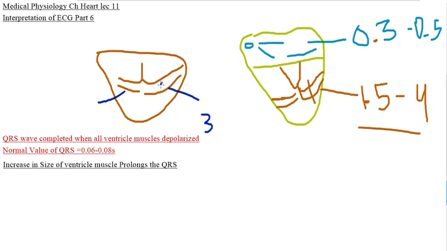If there is a blockage in the left Purkinje bundle branch, what will happen? The area of the right ventricle will depolarize normally because its bundle branch is conducting at the speed of 3 meter per second. So it depolarizes first, as it normally does, whereas the area that is present in the left ventricle will still be in polarized form because there is a blockage of the left bundle Purkinje fiber.